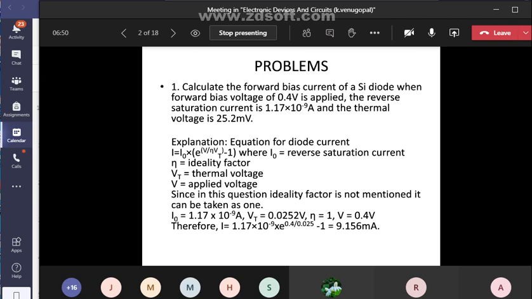If you substitute all this in the equation, I equal to I naught into e power V by eta Vt minus 1, and solve it, then you will get 9.156 milliamperes. So that is the diode current.